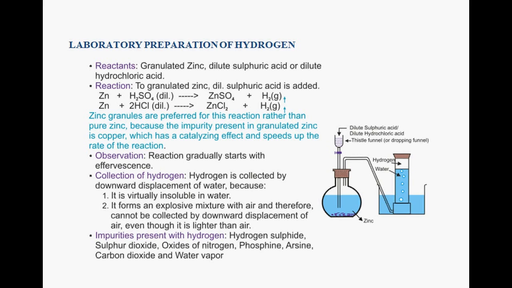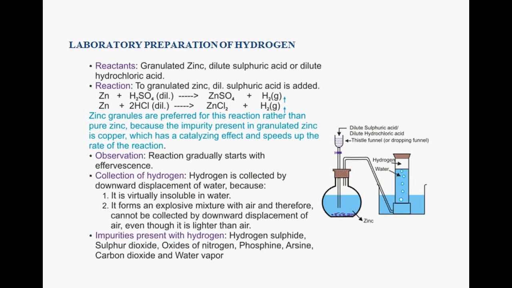Talking about the laboratory preparation of hydrogen, the reactants used are granulated zinc, dilute sulfuric acid, or dilute hydrochloric acid. Reaction involved is zinc combines with dilute H2SO4, forms zinc sulfate and hydrogen. Zinc combines with dilute hydrochloric acid, forms zinc chloride and hydrogen.